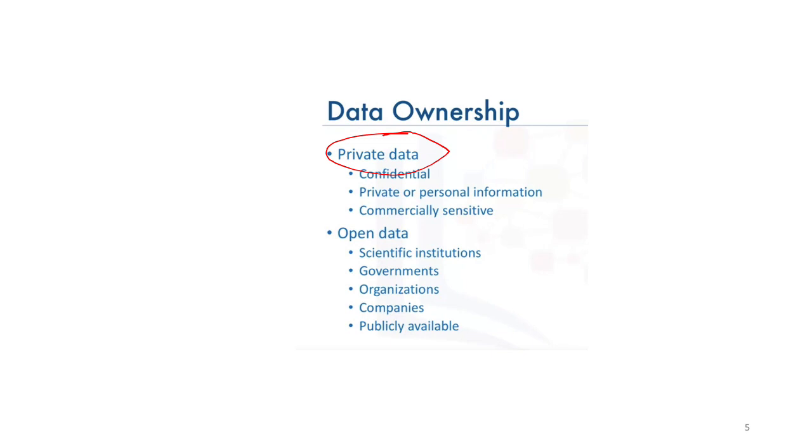An example of private data is when we discuss patients' records, for example. It's private and local to the healthcare provider. Versus with open data, it's data that's openly available to the public to use for research purposes. They can access it, download it, modify it, and so on.